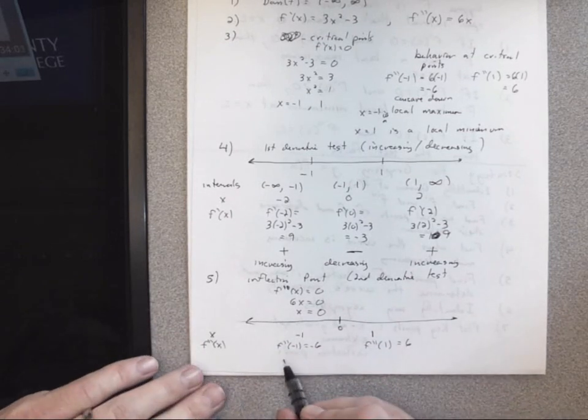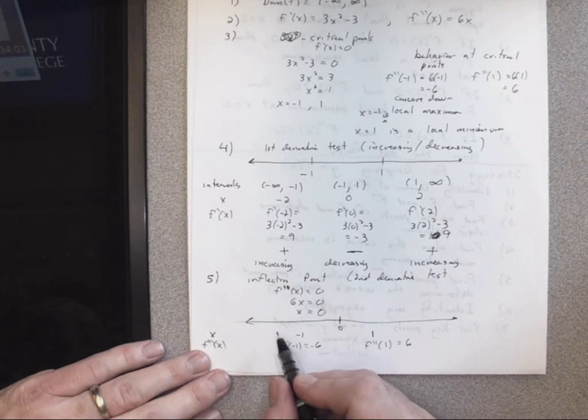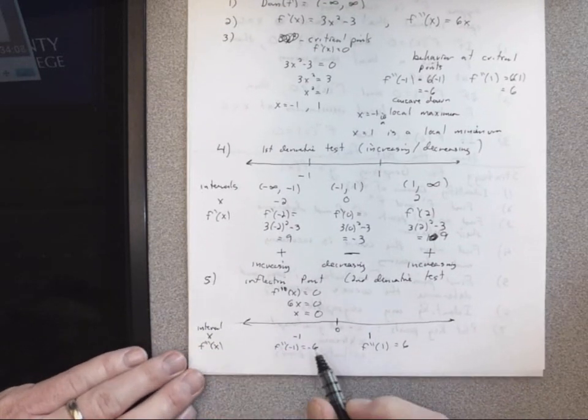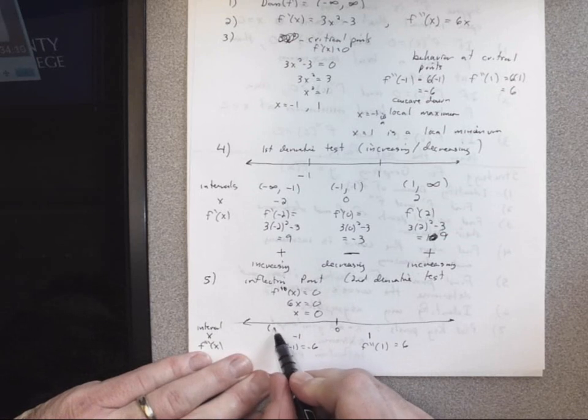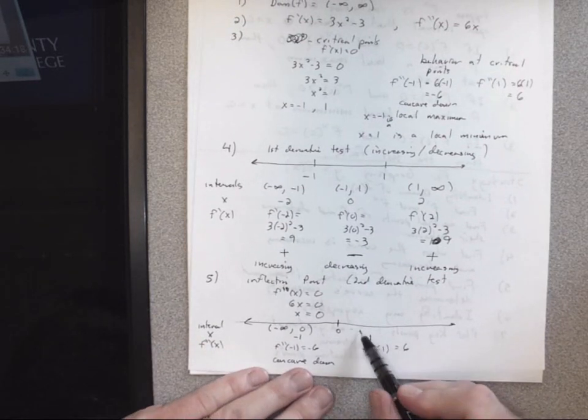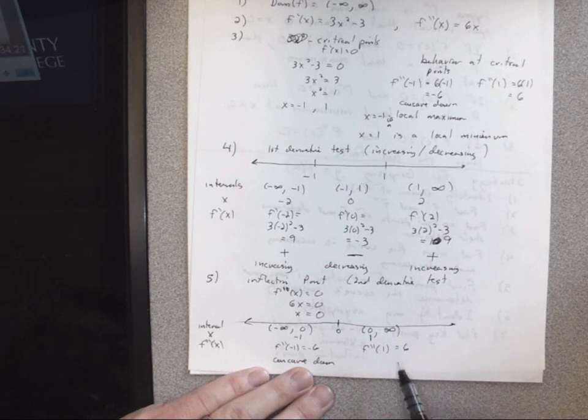So that means this interval, I didn't label it, I should have labeled the interval. The interval from -infinity to 0 is concave down. And the interval that goes from 0 to infinity, since the second derivative is positive, is concave up.